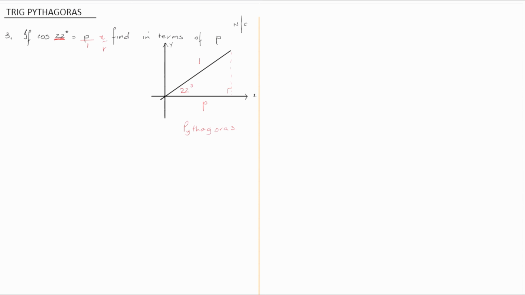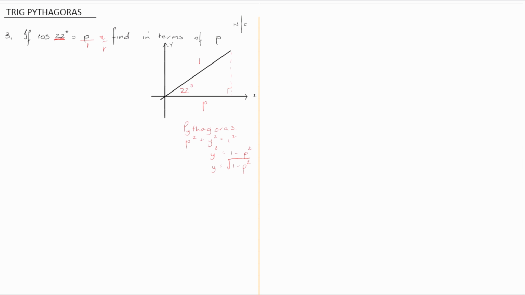you will get p squared plus y squared equals 1 squared. So y squared equals 1 minus p squared. Y equals the square root of 1 minus p squared.